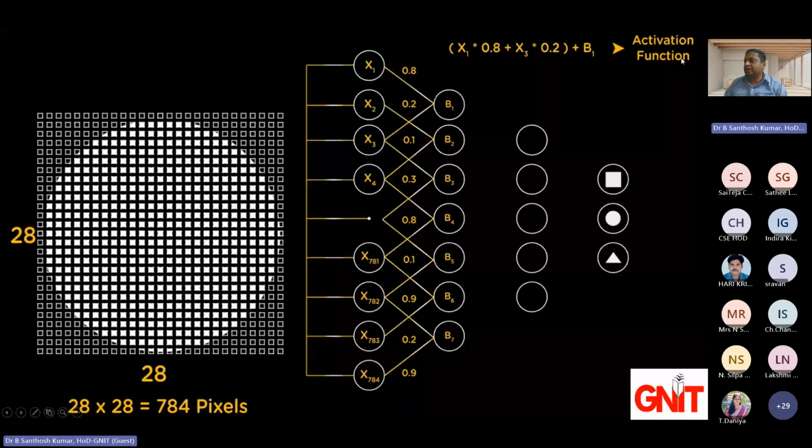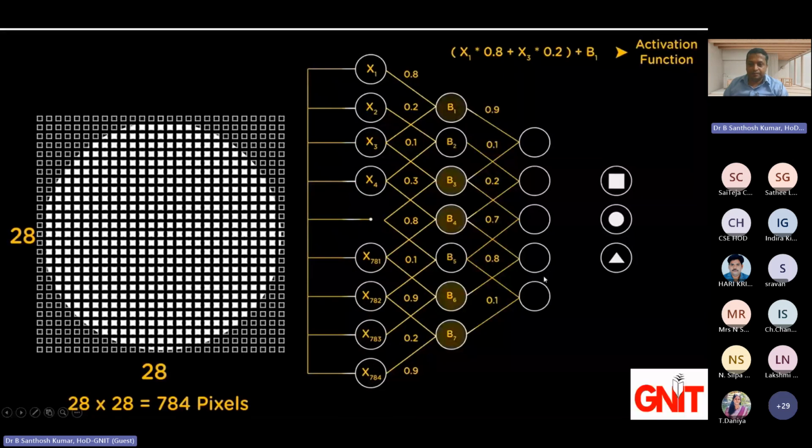Normally we use the sigmoid function. Nowadays, in advanced projects, we also use ReLU functions. This is called forward propagation.